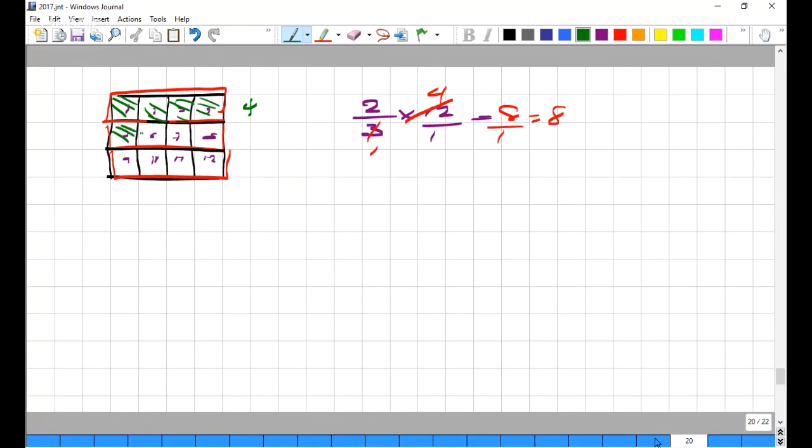This is another third. How many have I shaded now? 4 and 4 would give me what? 8. And I have another third that's left, because when I add the 3/3, I will get the whole. So there are 8 pieces that make up 2/3.